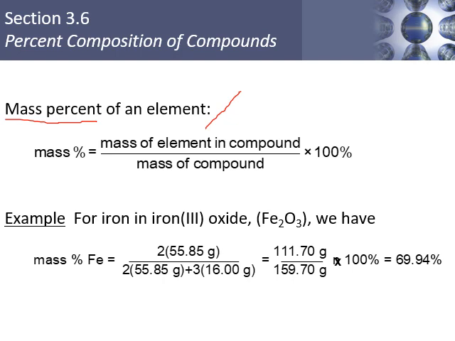So if you've got water and you want to know what the mass percentage of the hydrogen is, you divide the mass of the hydrogens by the total mass of the water, which would be 2 divided by 18. So 2 divided by 18 is 1/9. That's 0.11, so it would be 11%. So for water, the mass percentage of H would be 11%.